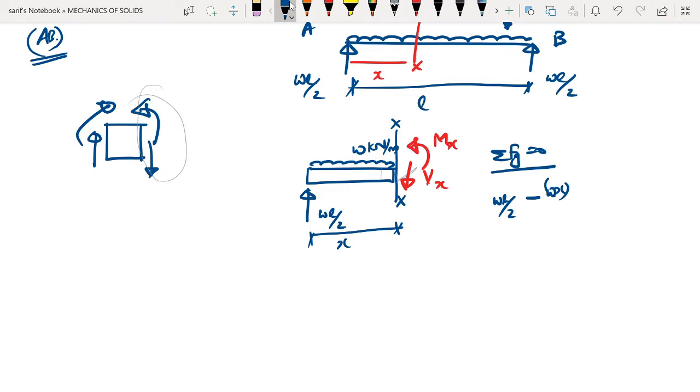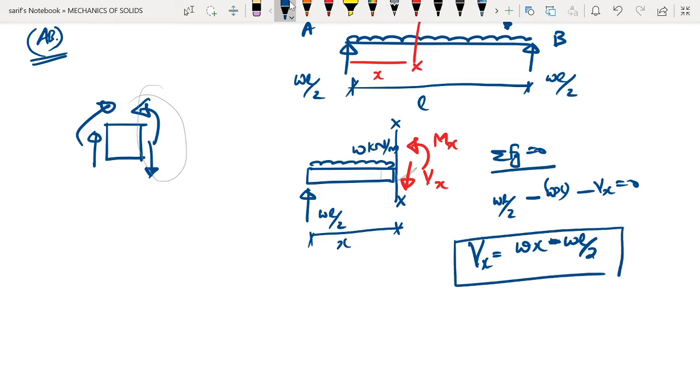This will be the contribution of the UDL, minus Vx equal to 0. So we can write an expression for Vx as Wx minus WL by 2. Okay, Wx minus WL by 2. This will be the expression for the shear force for the beam.